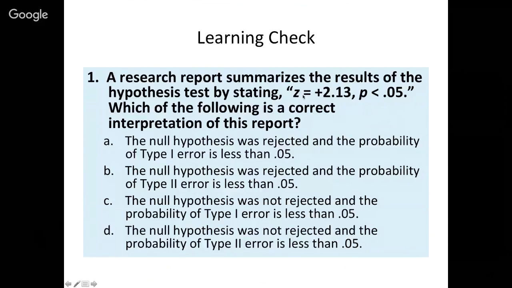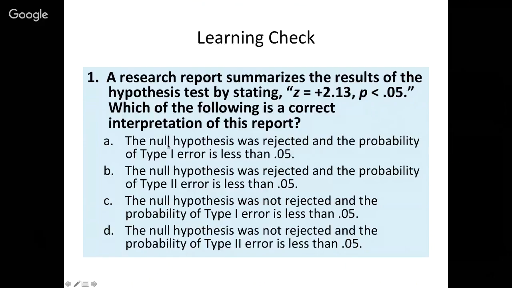So p smaller than 0.05 is the p-value corresponding to the z. So it's smaller than alpha. If p is smaller than alpha, then this sample is in the critical region. So here we can reject the null hypothesis.